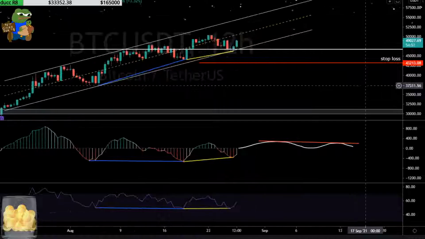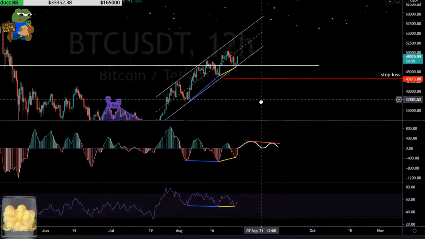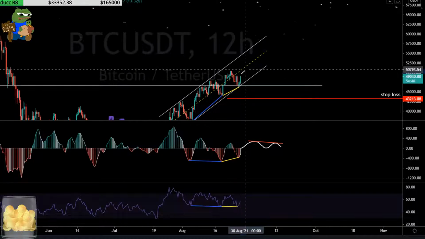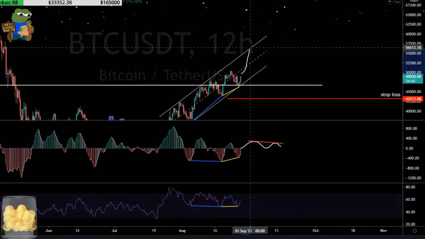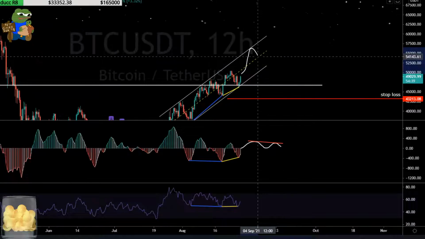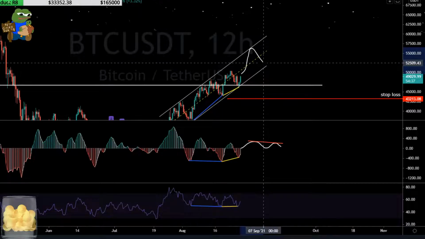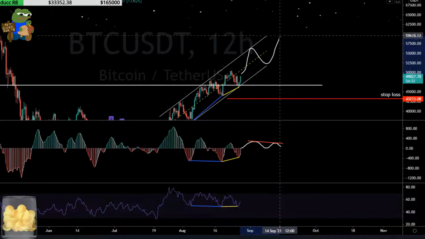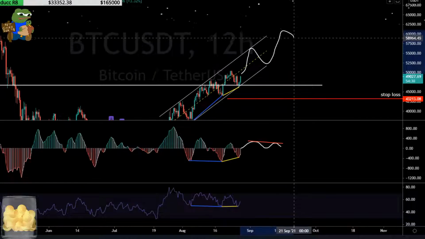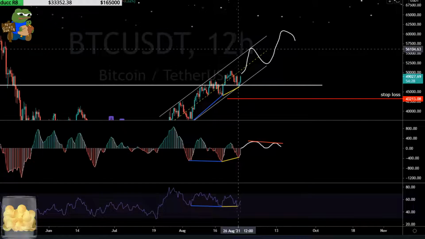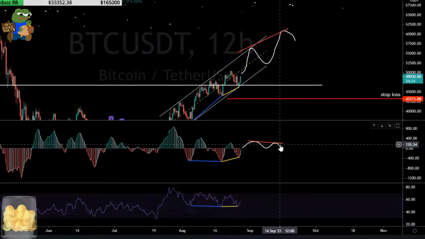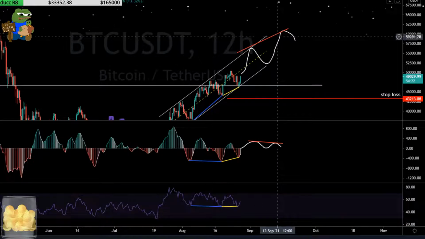So if we were following these islands, we're basically saying in order to get to the first island, we're probably going to run all the way up and test the top of this parallel channel. And then we get this small pullback maybe to the midpoint, or maybe even all the way to the bottom of it again, and then we rally again to a new higher high, okay? So this new higher high is what allows us to build the bearish divergence here, right? Where we have lower levels of positive momentum with a higher high on price.